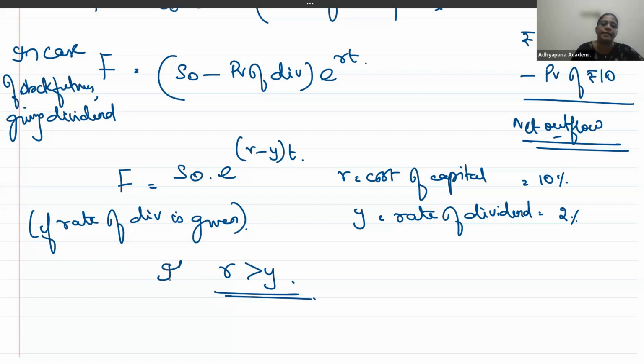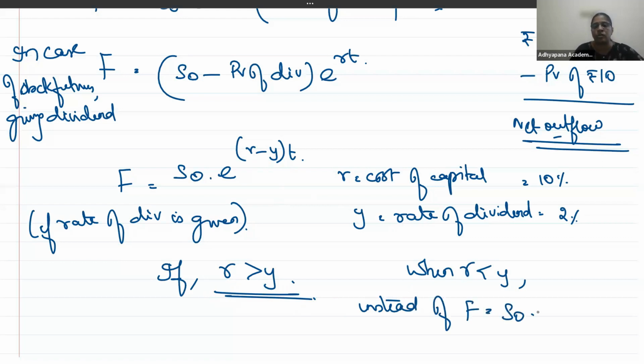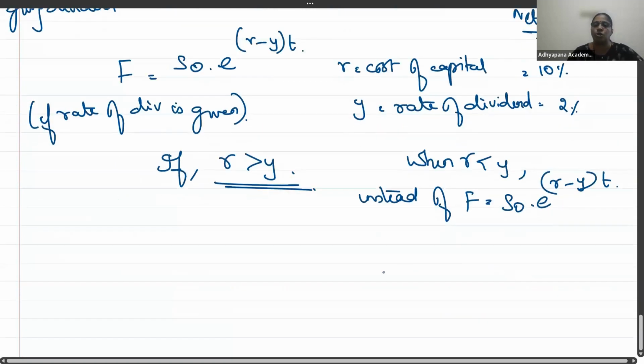What if R is less than Y? When R is less than Y, you cannot apply this formula. Instead of F is equal to S0 into e raised to (r minus y) into t, when r is less than y, what should you do?